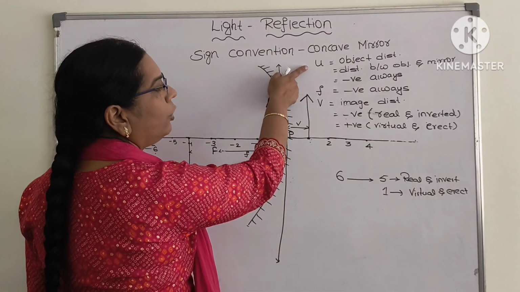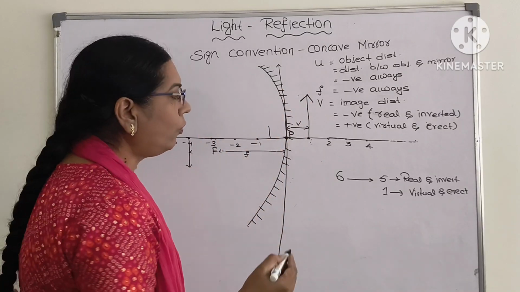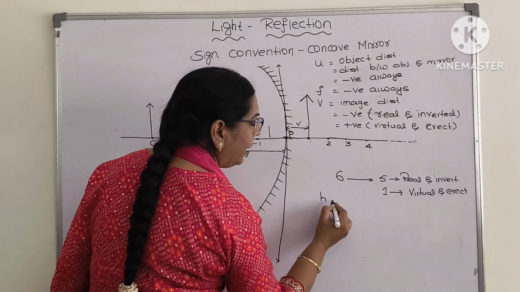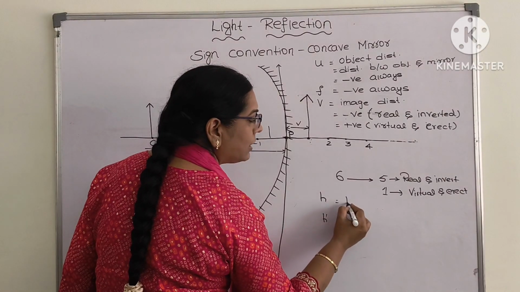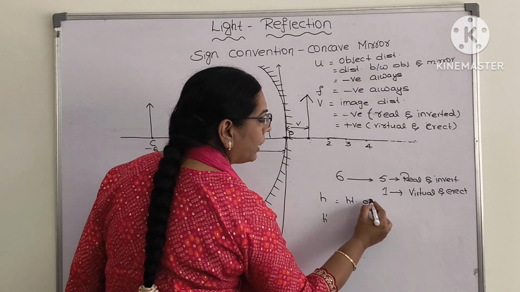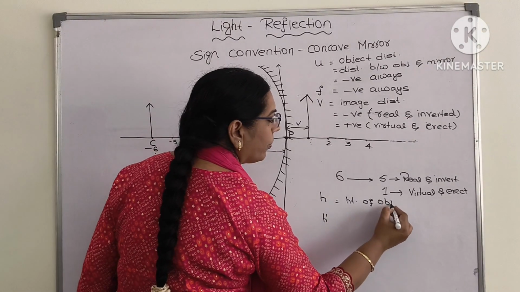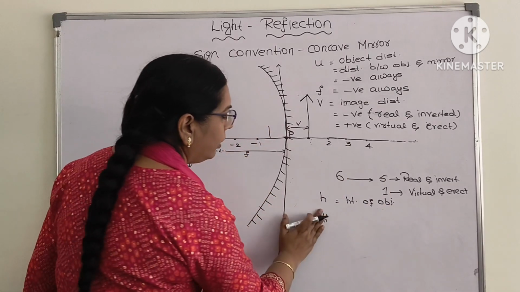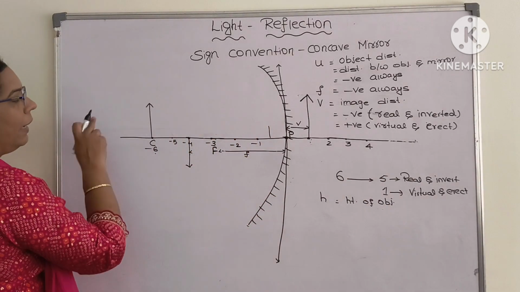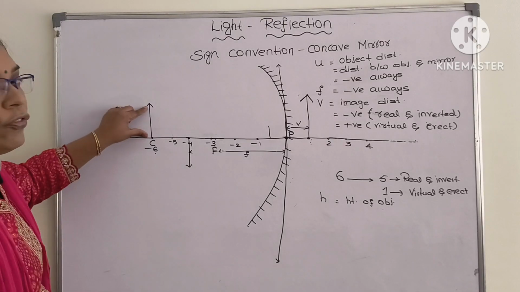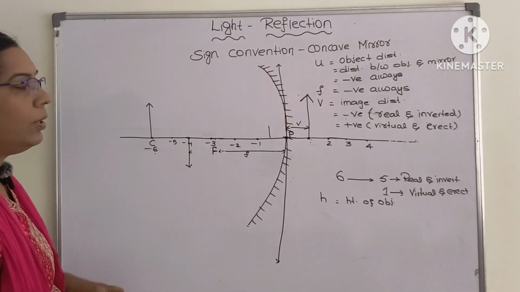So we covered U, F, V. Now we should know H and H prime. What is H? H is the height of the object. What is the height of the object? Now imagine I kept an object of 5 centimeters in front of the mirror.